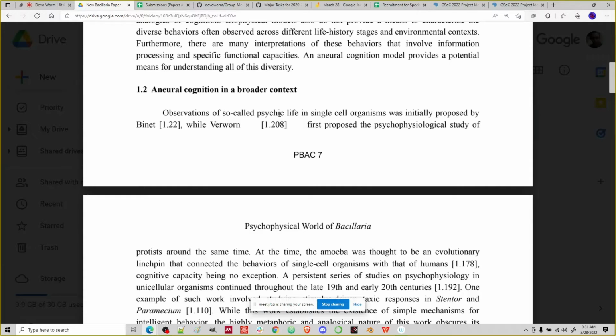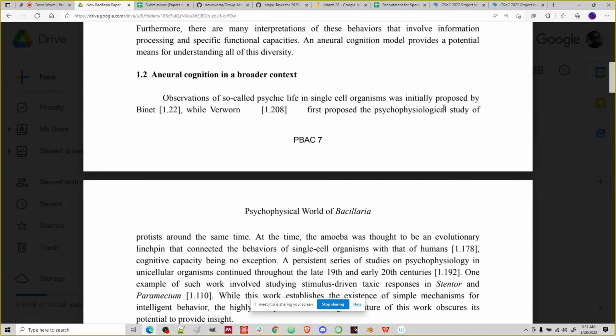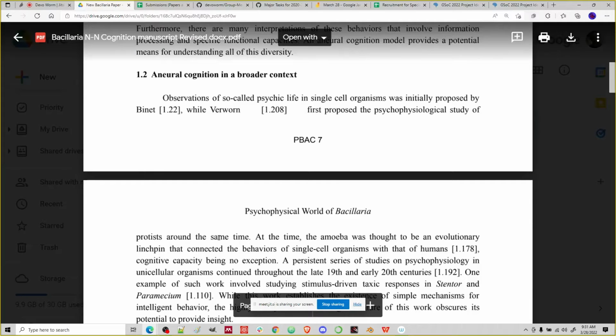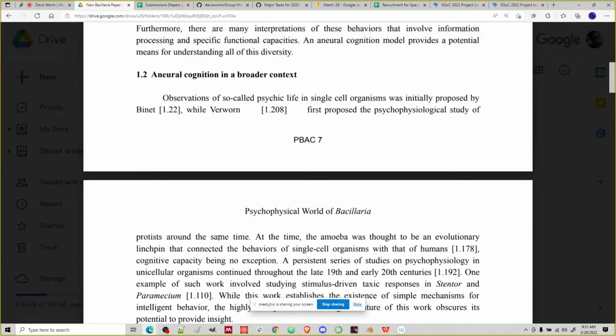There are a lot of papers on this. Binet, who was a psychologist from the 19th century, and Verworn, who I think was a biologist from around the turn of the last century, first proposed a psychophysiological study of protists. These are single-cell organisms, and they're saying basically that they have some sort of psychophysiology.